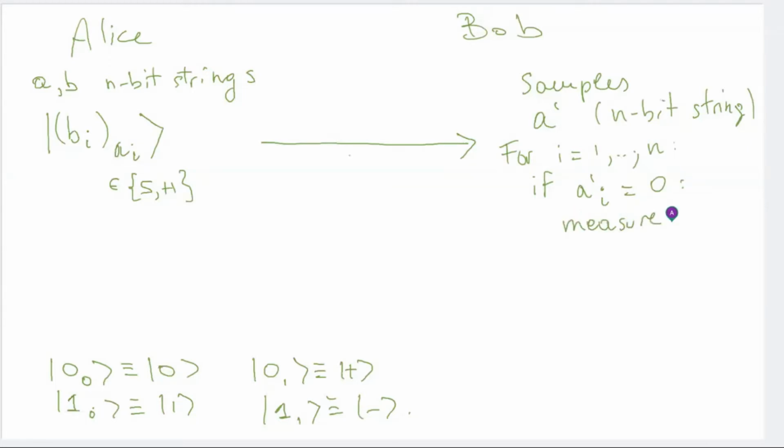And if A prime i is equal to 1, meaning Hadamard basis, then Bob will apply H first to the ith qubit, and then measure.